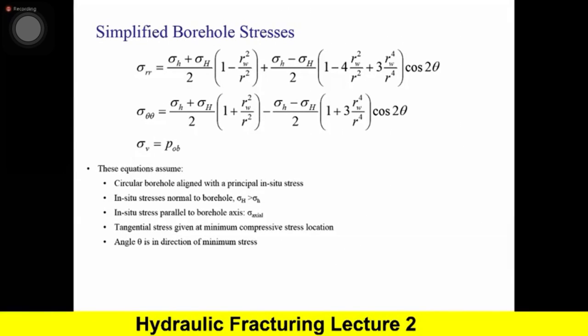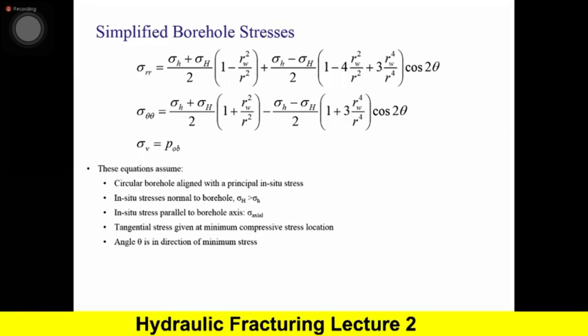Okay, great. Thank you. And the last question for today, can we use the dynamic Young's modulus to design a hydraulic fracturing operation or job without converting it to static Young's modulus? The answer is no. Yes, you need to convert it to the static values. Many people have written, there have been a lot of correlations.